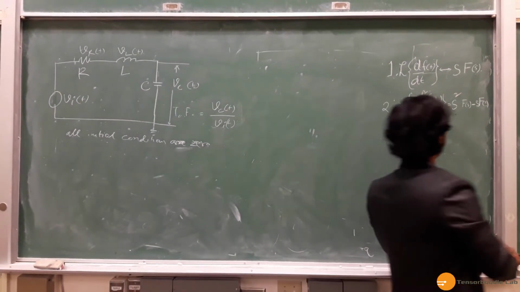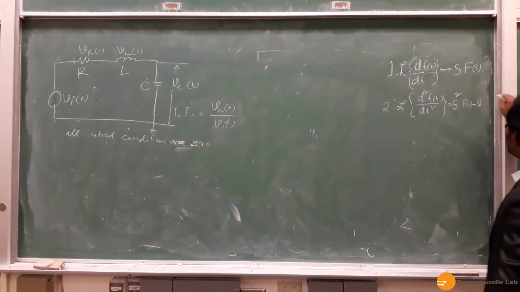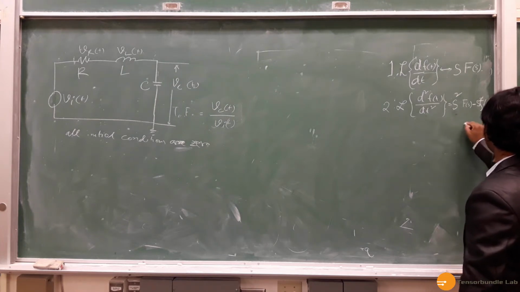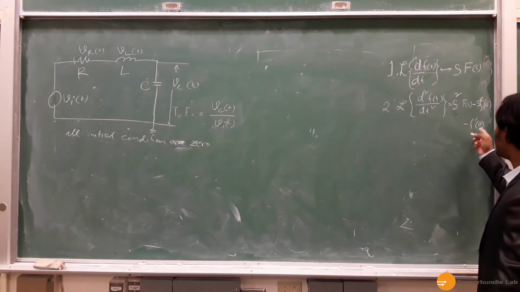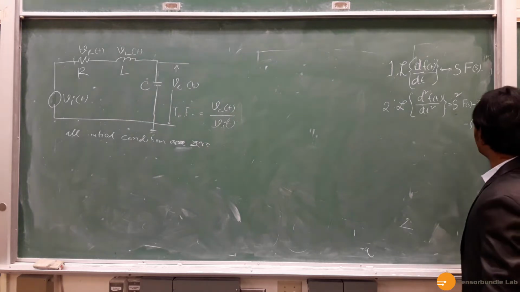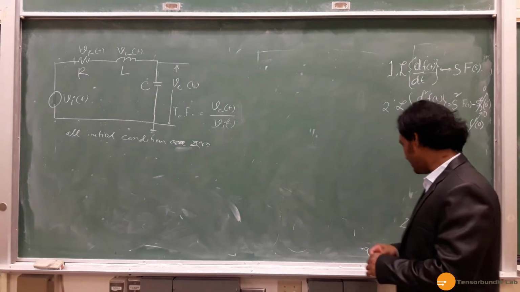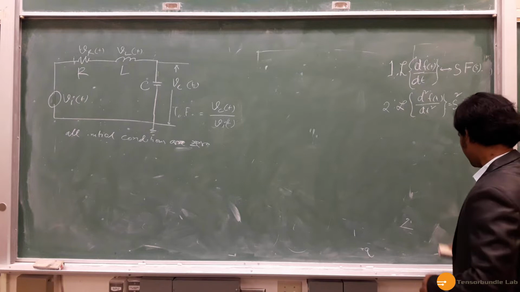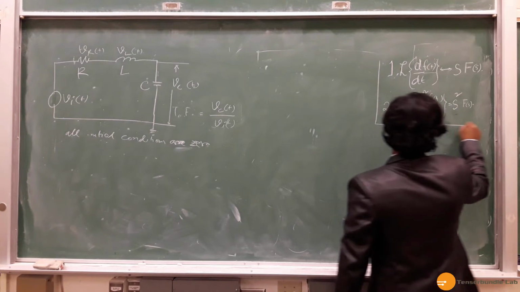Oh, sorry. Here, not the F of s, we just write down the initial values: f of 0 minus, minus f prime, the first derivative of the function at t equal to 0. We already said that the initial conditions are 0, so we can simply delete these terms. Alright? So we will use these two theorems in our solution.